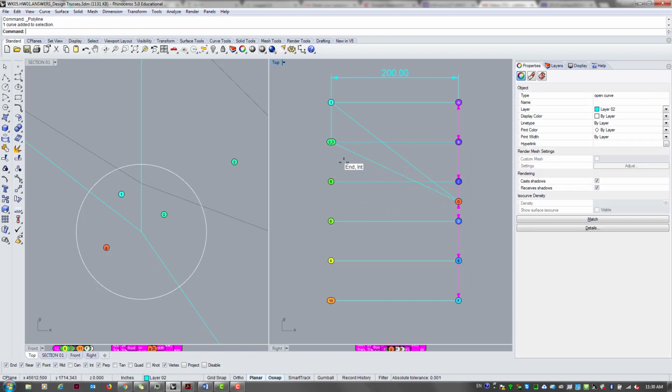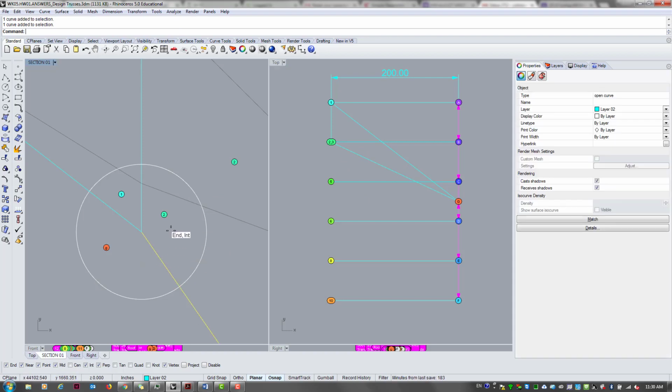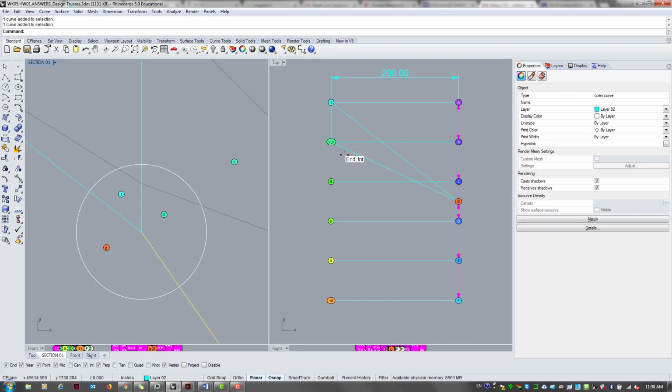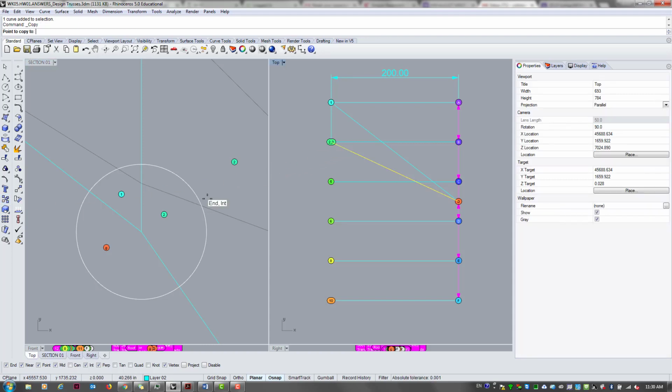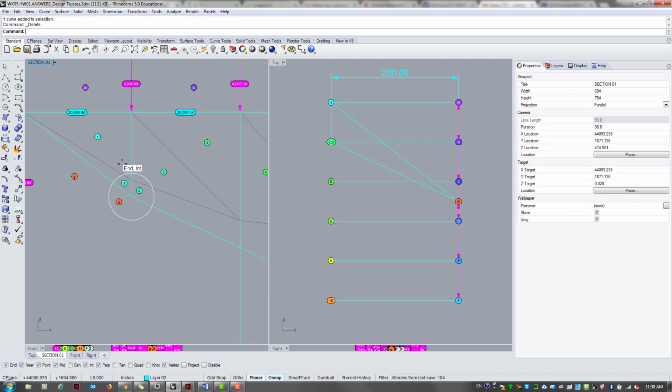So this diagonal member, we drew it purposefully wrong, but instead of this, it should have had an angle like that. So I'm gonna delete this, right?